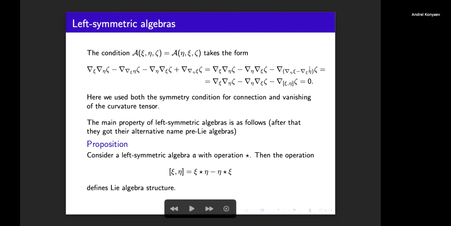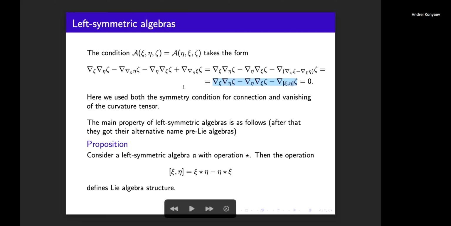And because we have a symmetry condition, it means that the Christoffel symbols are symmetric, then we can replace it with just the commutator of psi and eta, which is just the simple usual commutator, which has nothing to do with the connection. And then we get this formula, which is quite a well-known formula for the curvature of the connection. This is just the Riemann curvature of the connection, and because we have the flatness condition, the tensor vanishes and this equals 0.